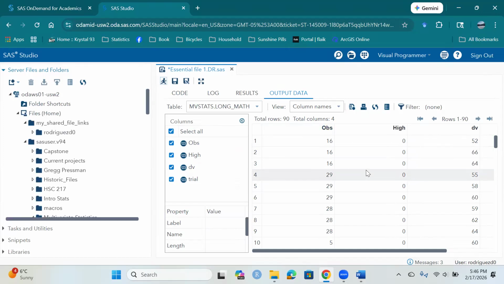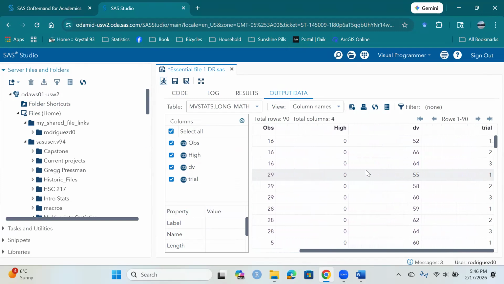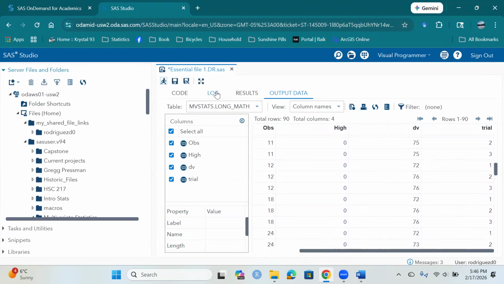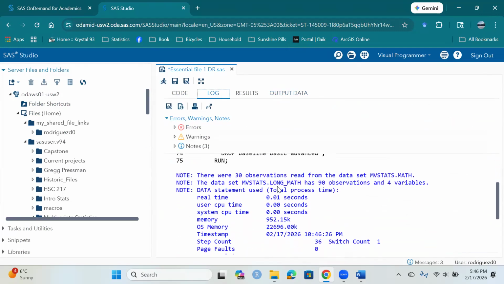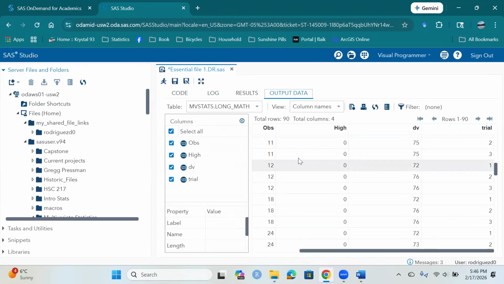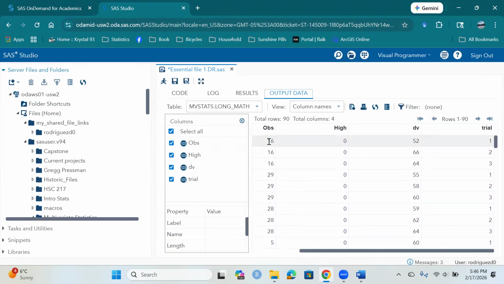We can actually see our output data. So we have our observation, we have high, DV, right? And our trial. No errors here, nothing, right? But you'll see, actually, let's start here. Observation 16, 29, and you see there's 3 rows for each, right?